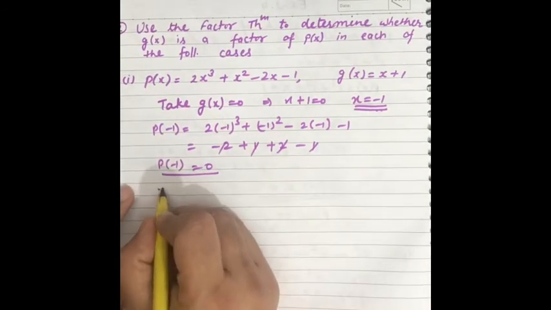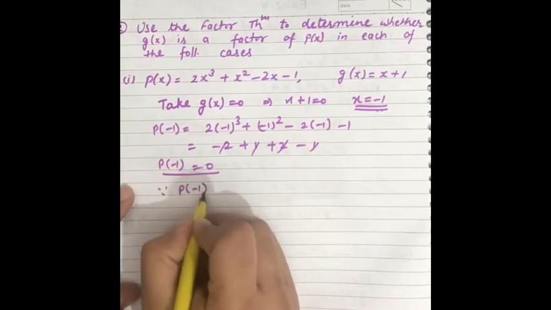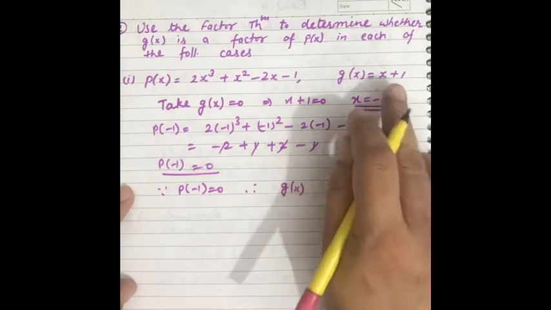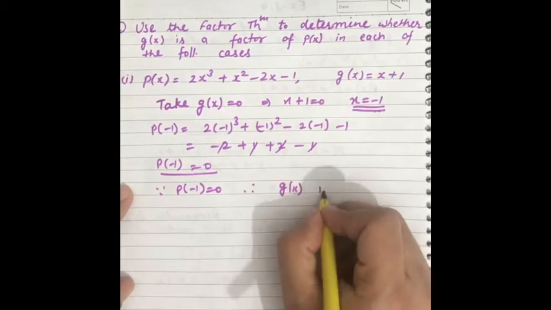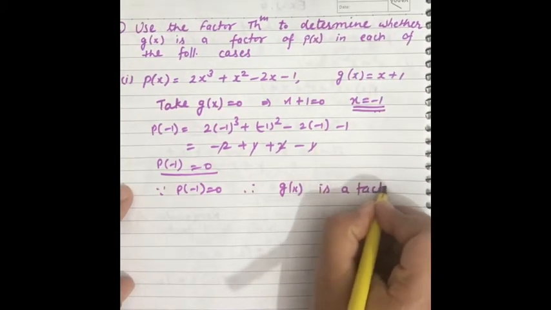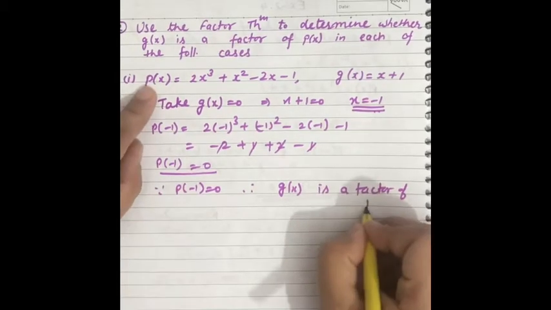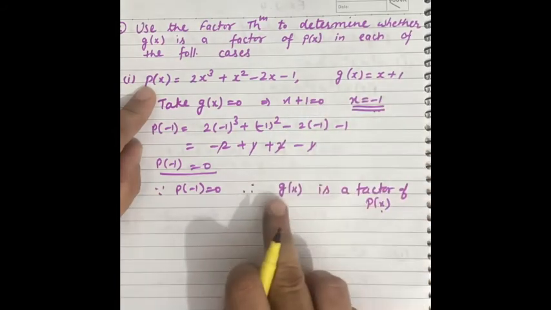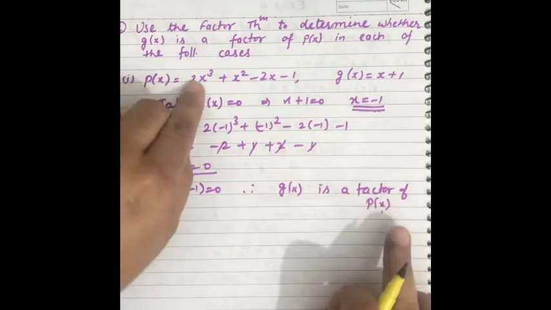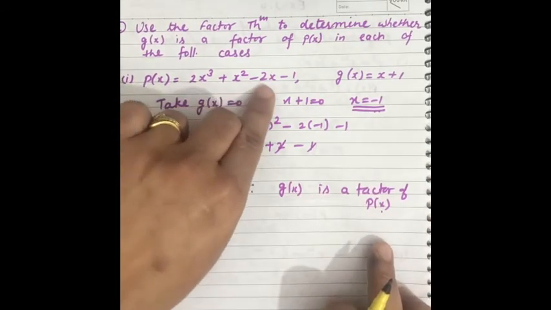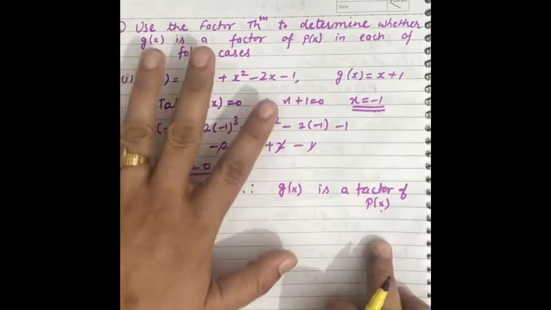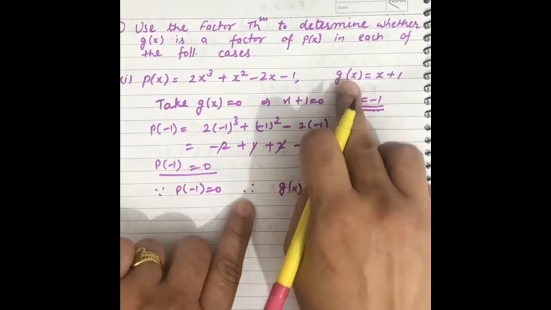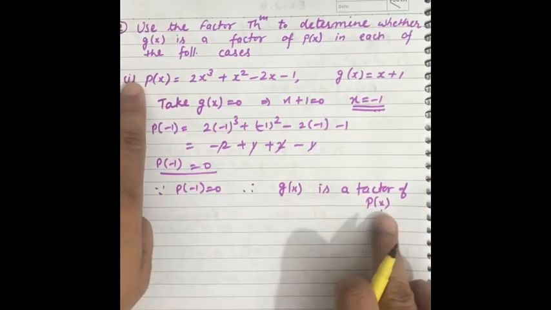Because here p of minus 1 is equal to 0, therefore g(x), which is x plus 1, is a factor of this polynomial p(x). Instead of writing x plus 1 is a factor of 2x cube plus x square minus 2x minus 1, simply I have written the names of both the polynomials. Therefore I can write this g(x) is a factor of p(x).